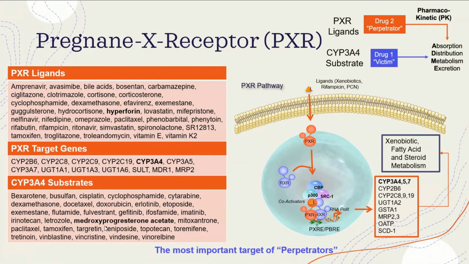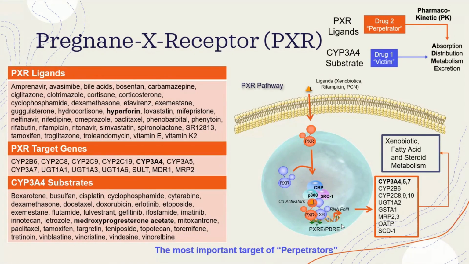It'll also interact with endogenous compounds as well, like bile acids and different cholesterol metabolites. But for our purposes, we're thinking about xenobiotics. And again, it's looking for specific ligands. When it recognizes a ligand, it's going to regulate a battery of genes.